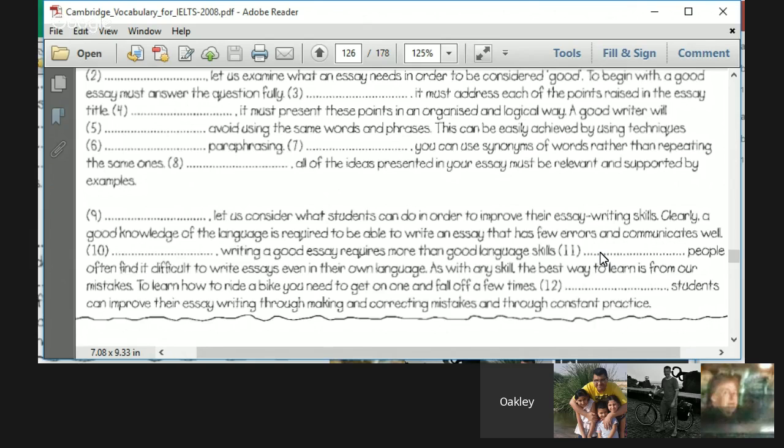Use even at the beginning of the first clause. I see this mistake a lot. People try to use even to start the second clause. Even belongs in the first clause. Even though he is fat, he can run very fast. It is awkward when you try to move it to the second clause.